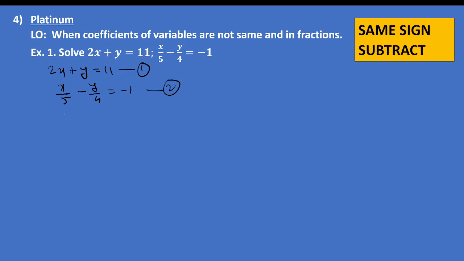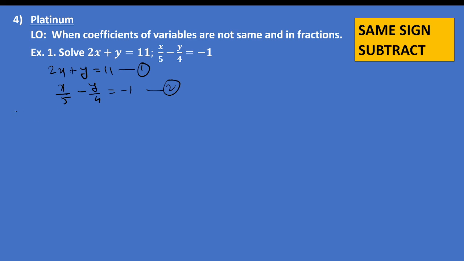After that, if nothing is happening, we go for relatively prime numbers, whether they are relatively prime or not. Since these are fractions, what I'm suggesting is to take the LCM of the denominators and multiply it throughout this equation. So the LCM of 5 and 4, everybody knows, is 20.